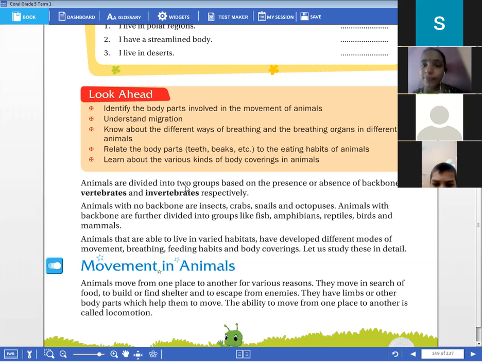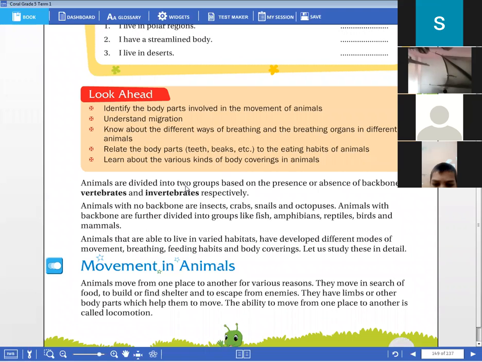Carnivores are flesh-eating animals. They won't eat grass or plants. They only eat flesh. Omnivores eat both plants and flesh. So based on food habits, those are classified.